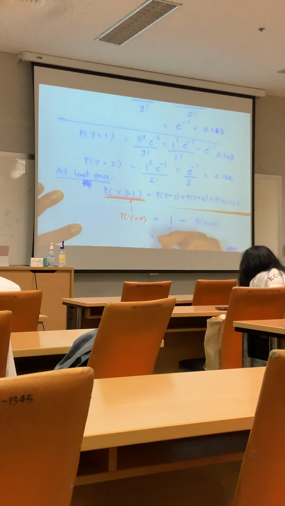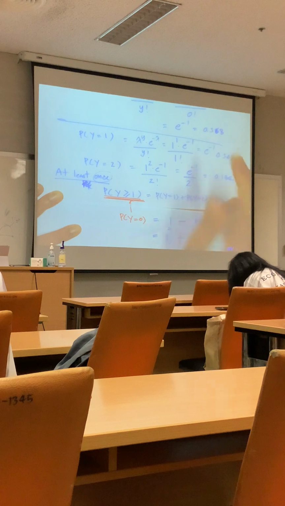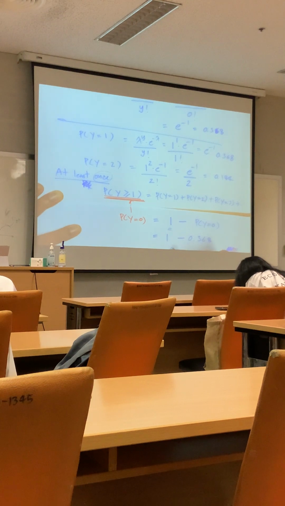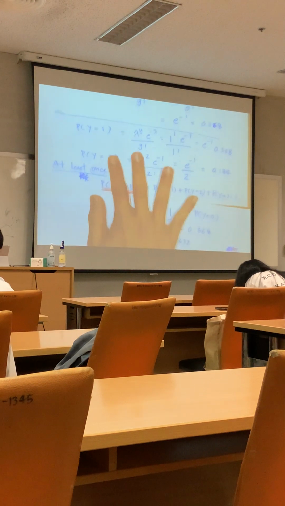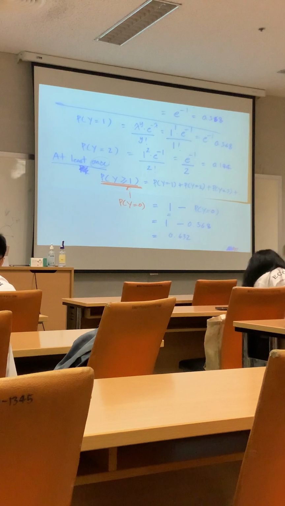And we already know that p of y equal to 0 is 0.368, so 1 minus this is 0.632. Okay, any question you want to ask?